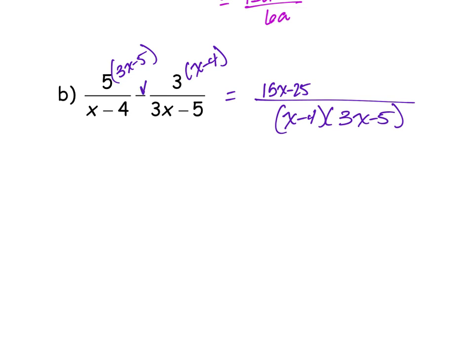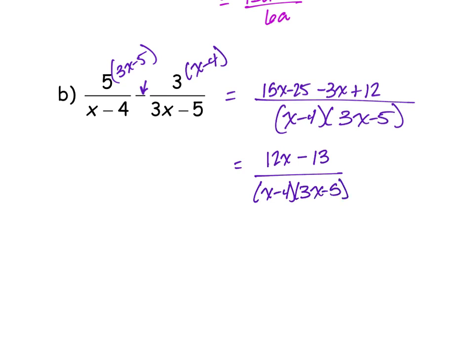And then this is a minus sign, so it's -3x plus 12. So I'm going to get 12x minus 13, all over x minus 4 times 3x minus 5. Done.